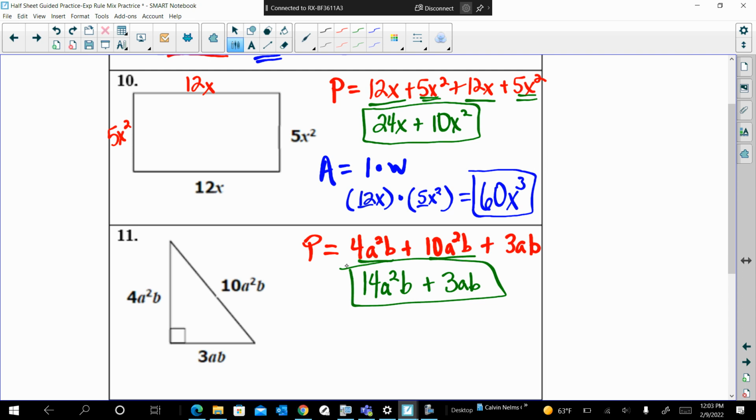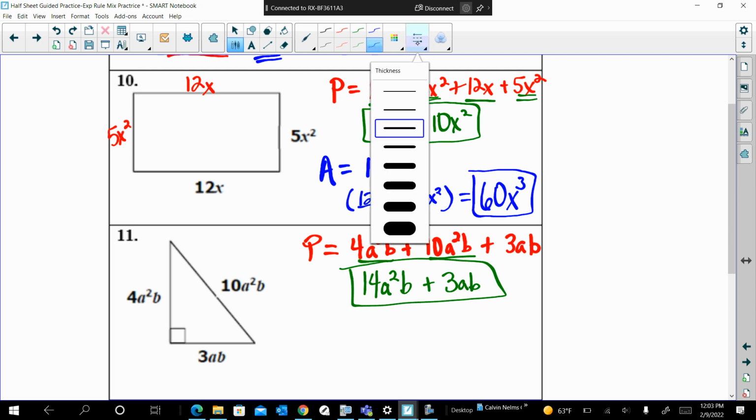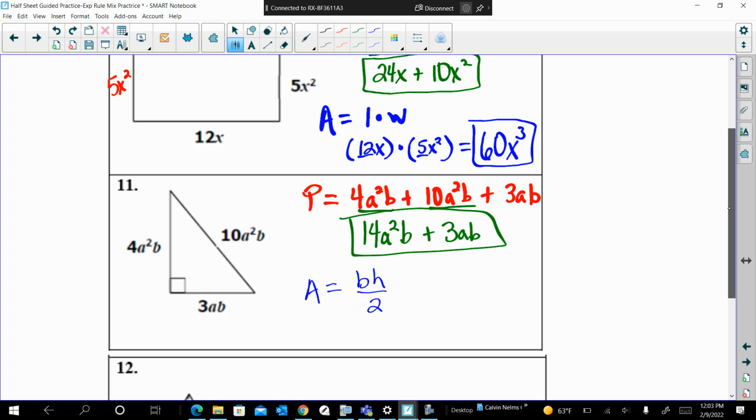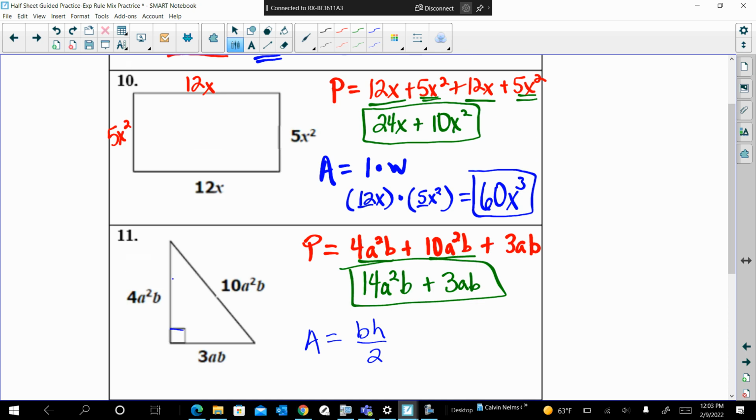All right. Now, for area with the triangle, you have to remember area is base times height divided by 2. Your base and your height are where you have the right angle. So this would be the base, and over here would be your height.